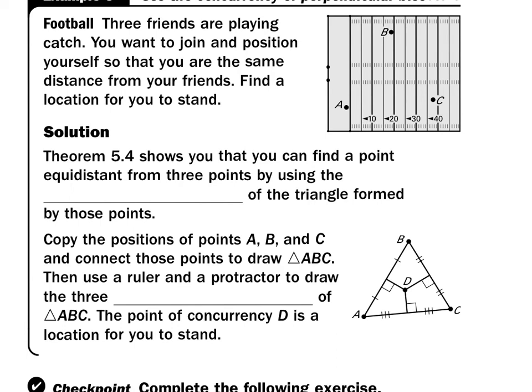So, if I go ahead and draw this in as a triangle, and then I would find the mid-segment of each, and then I would draw in the perpendicular bisectors, and then where they meet, that's where you could stand to be the same distance from this point to A, this point to B, and this point to C. Okay, so you would stand at the circumcenter.